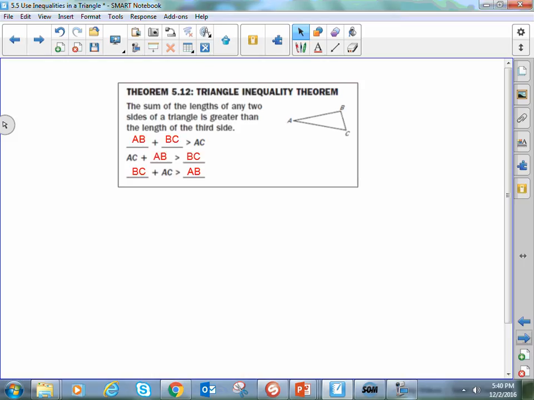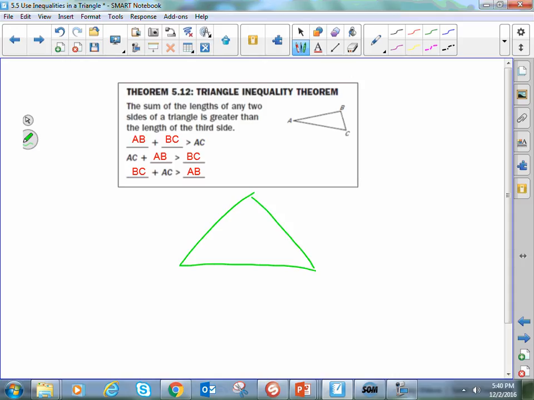If you have a horizontal line at the bottom, and something coming up this way and something coming up this way, the only way they'll actually form a triangle is if, let's call this 9 and this 7, whatever those two numbers are, they have to be bigger combined than the third number. Because let's say this is still 10, but now let's call this 3 and call this 2.